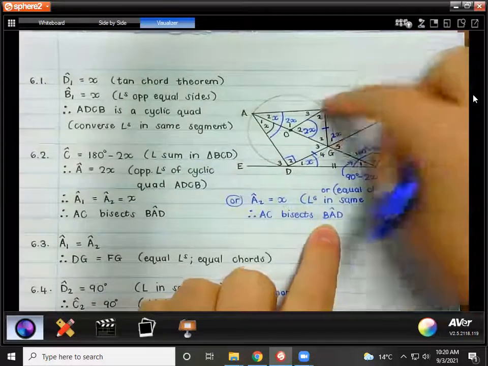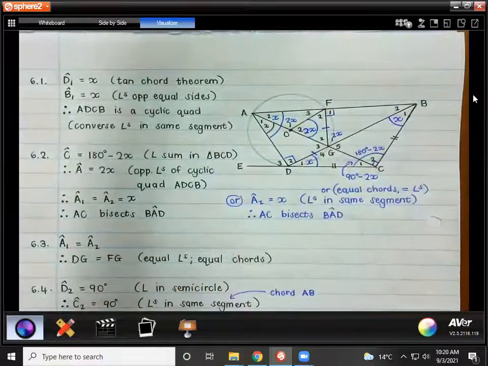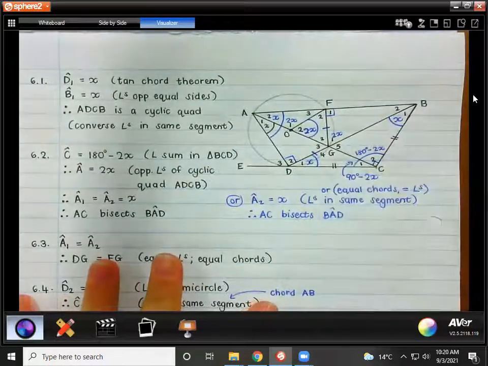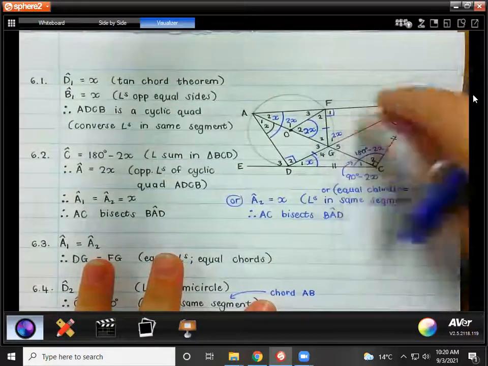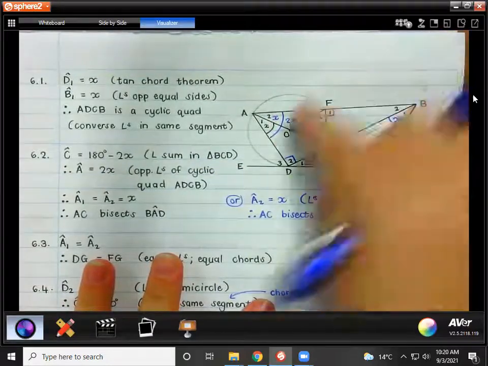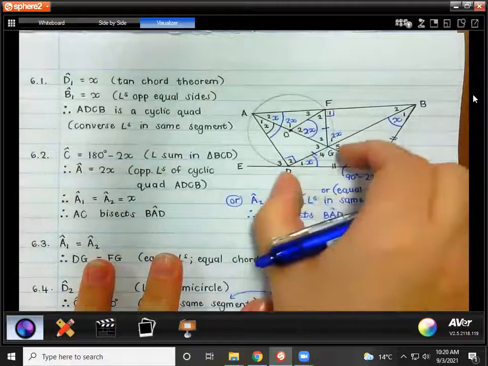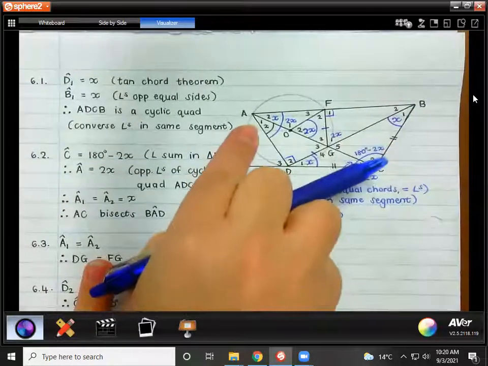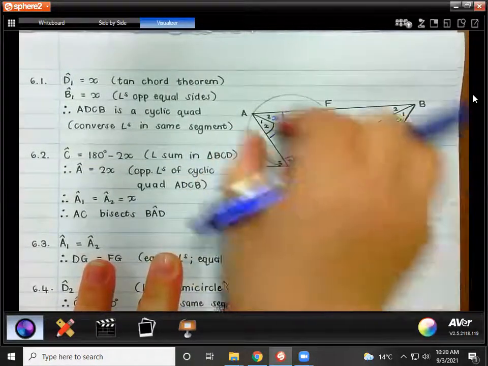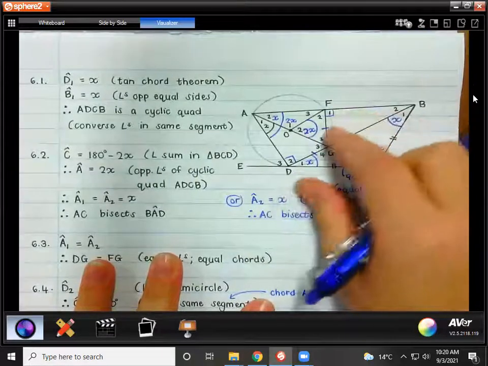In the actual circle, with two chords that we can see immediately, FG is subtending an angle X, and DG is also subtending an angle X. So that means that these two chords have to be equal.